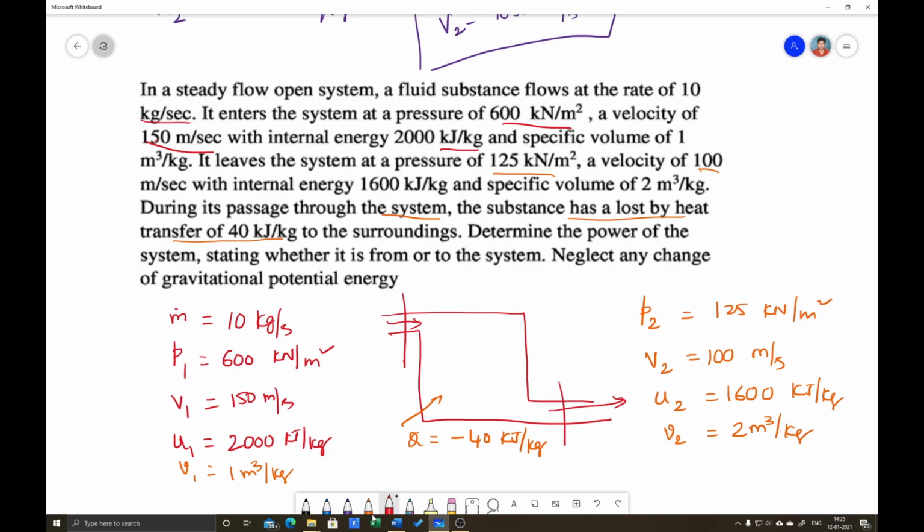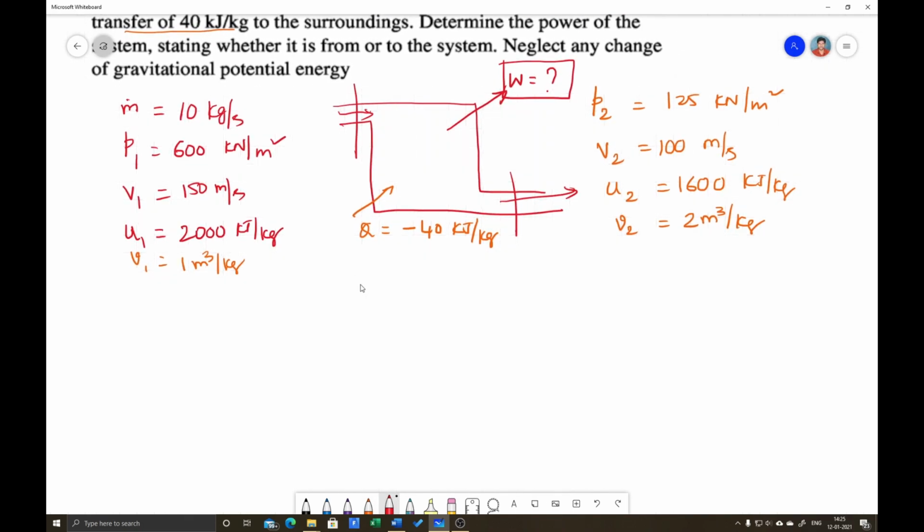Determine the power of the system, stating whether it is from the system, so we have to find the work done by the system. If it is done by the system, it will be positive, otherwise it will be negative. Okay, so let's solve this. This is a simple substitution formula. First you have to write the steady flow energy equation.